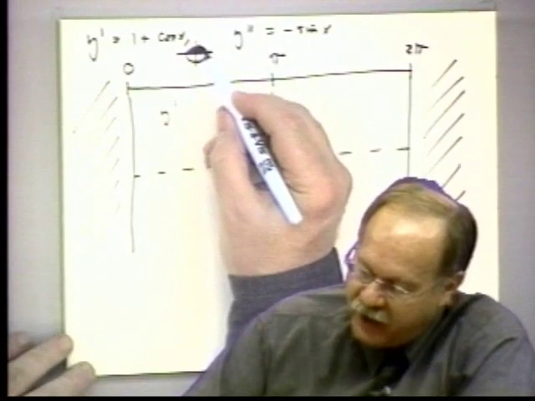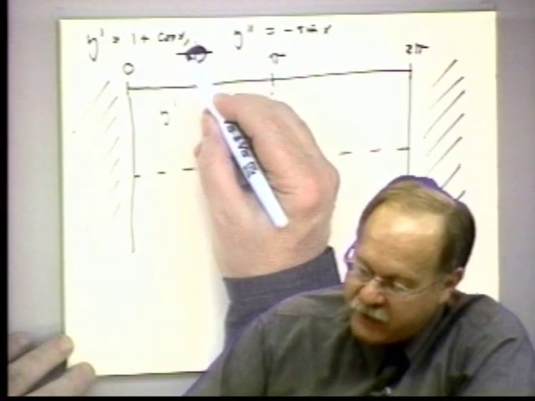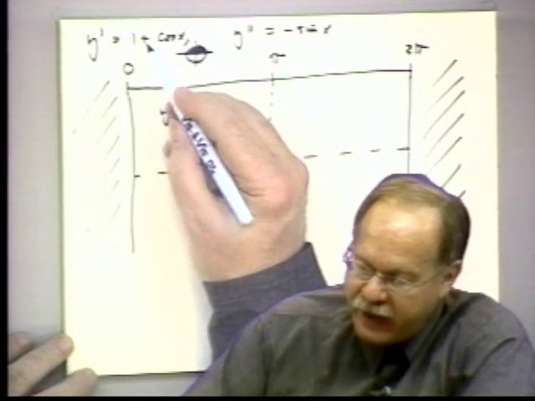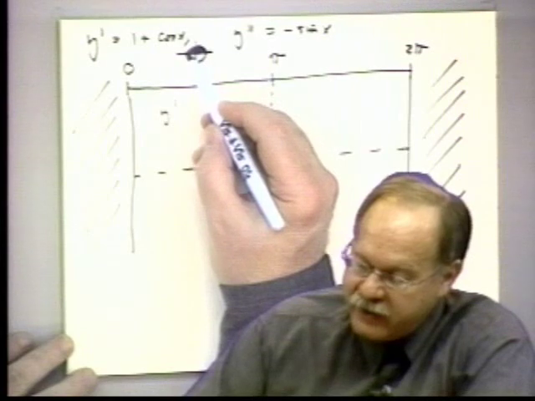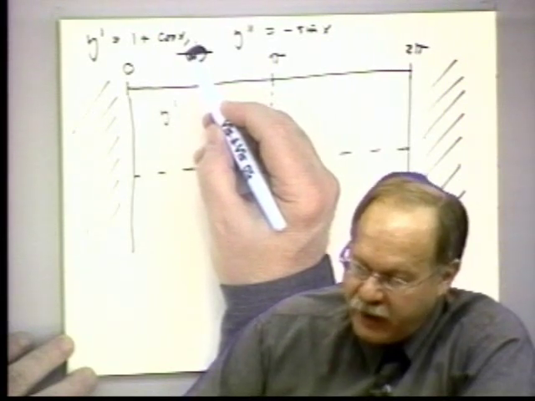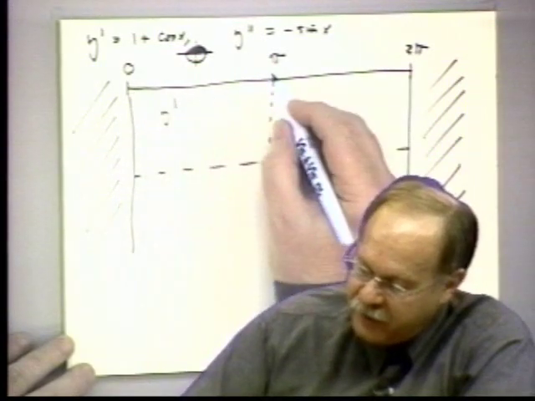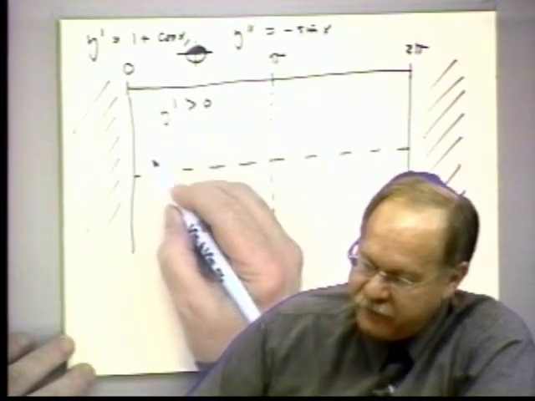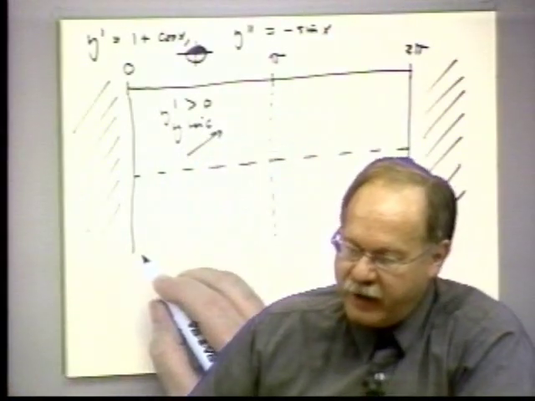Up here, the cosine varies from 1 all the way to minus 1. But if you add 1 to that, that means it's going to vary between 0 and 2. And since that's the case, the first derivative above 0 and below pi is always positive. Y is increasing, and so this is going up.